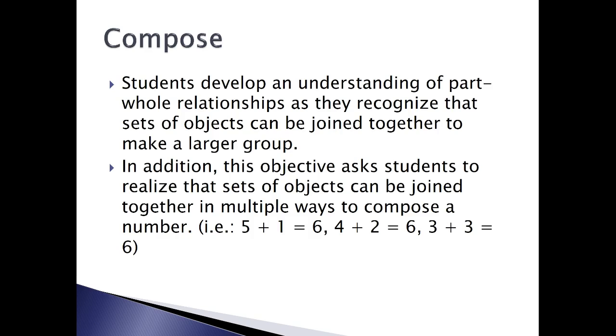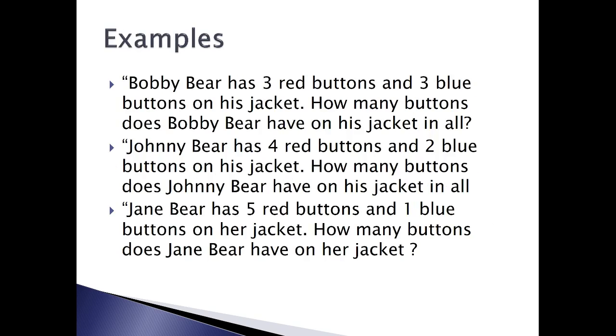In addition, this objective asks students to realize that sets of objects can be joined together in multiple ways to compose a number, such as 5 plus 1 equals 6, 4 plus 2 equals 6, and 3 plus 3 equals 6.